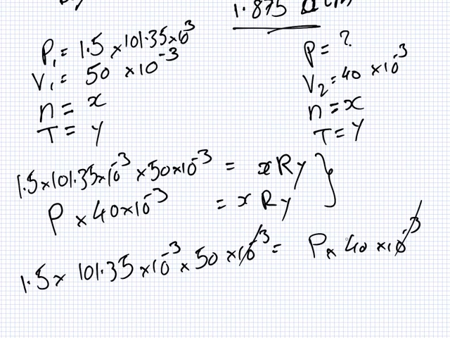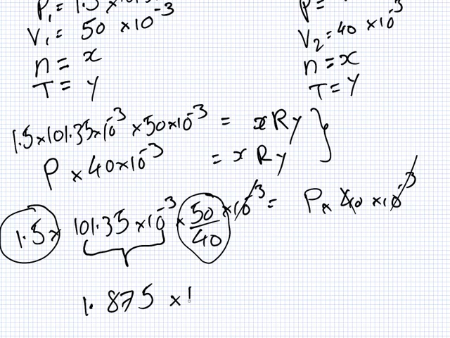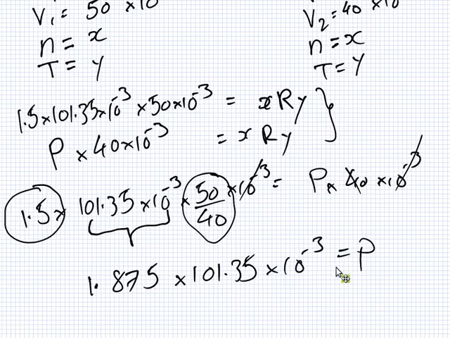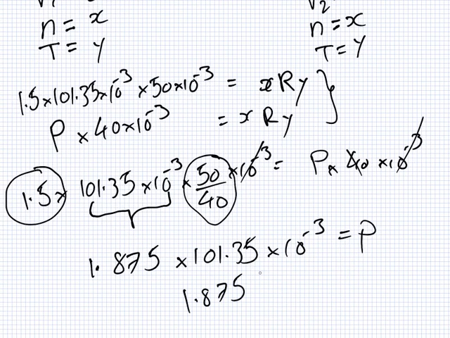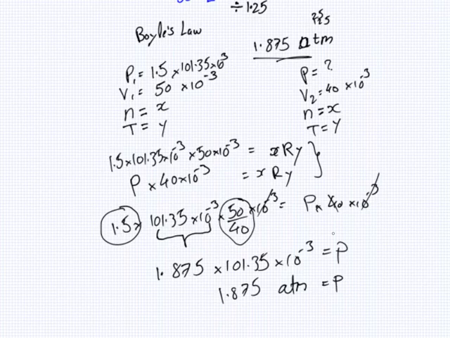So we can bring this over here, divide by 40. Well, this here, remember, is just 1 atmosphere. So it's 50 over 40, multiply 1.5. So that's 1.875. P. So 1.875 atmospheres. That's P. So if you use the ideal gas law, you have to do it like this, but it's longer. So it's easier if you use Boyle's law.